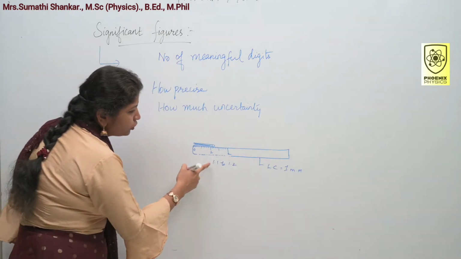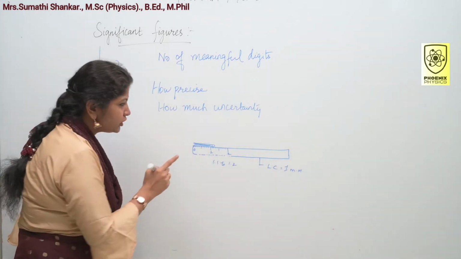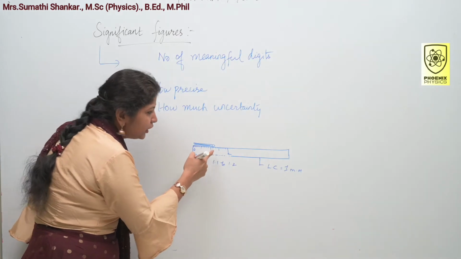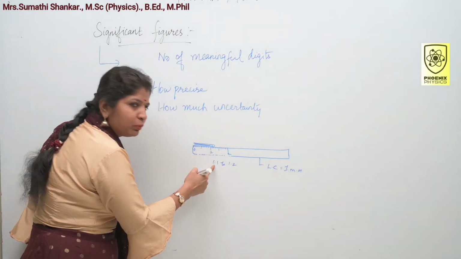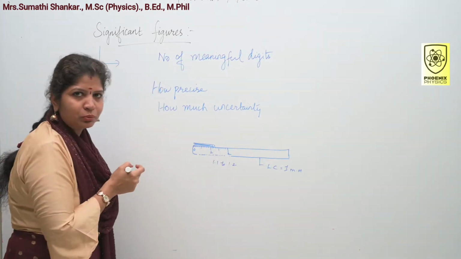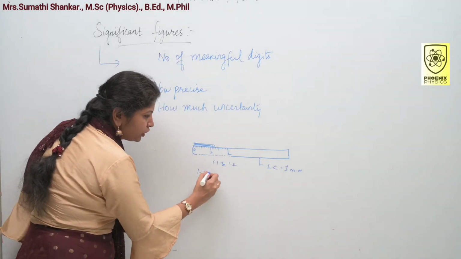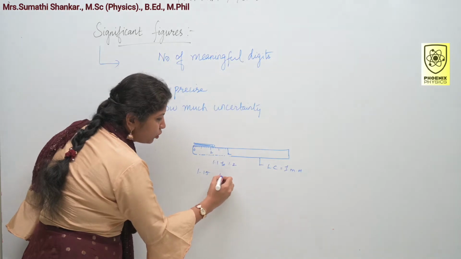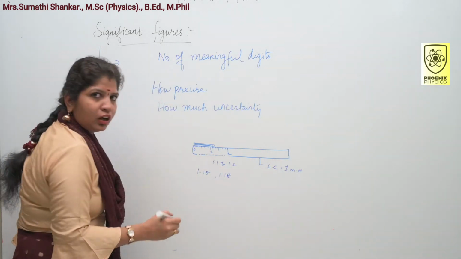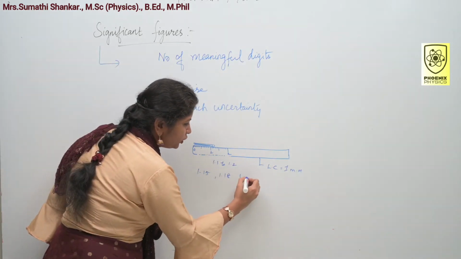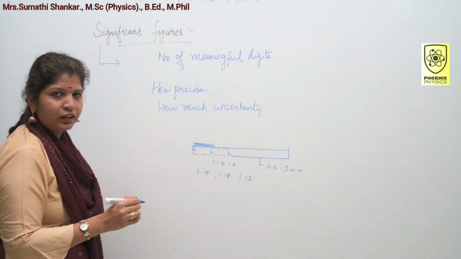Now, how do you write this measurement? Because it is not exactly at the 1.1 measurement or 1.2 measurement, I can write it as 1.15 or 1.18 or I can write 1.13, like that.